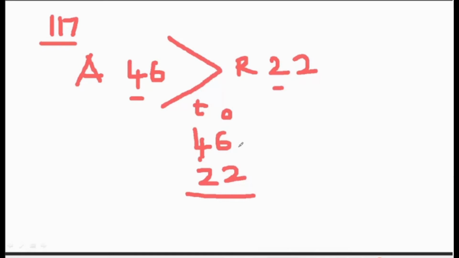Rima is having 22 pencils, so let's take 22 pencils from Anjali. For 22, how many tens and how many ones? Two tens and two ones. So let's take two bundles and two separate pencils.